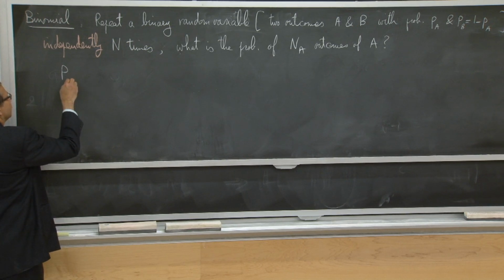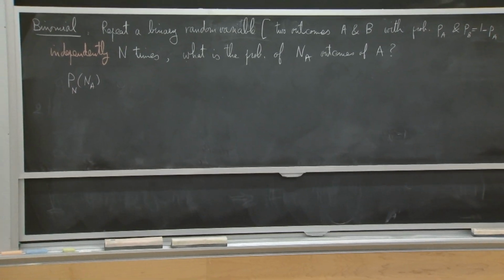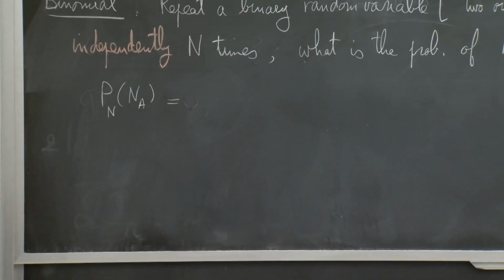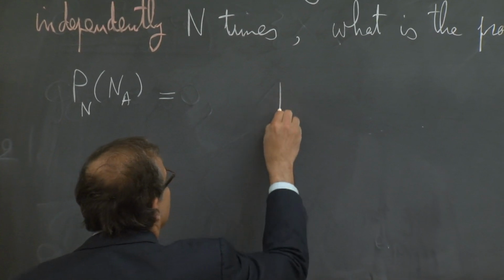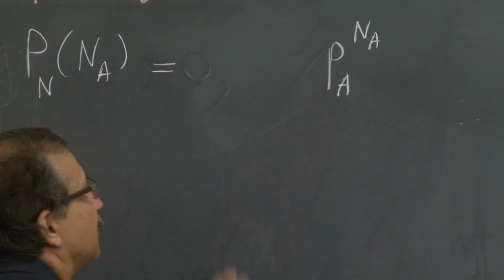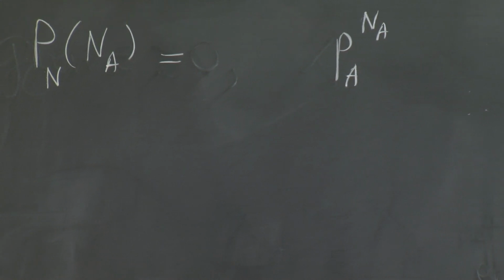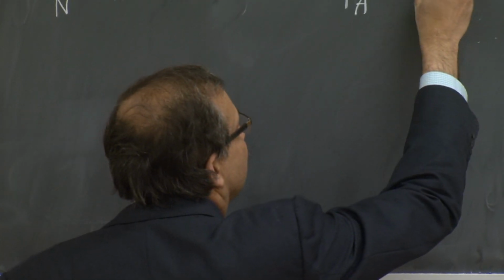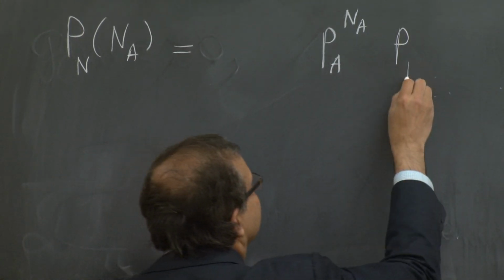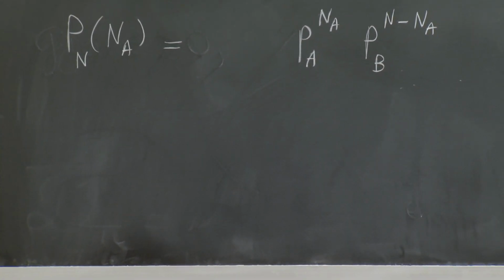The probability to have NA occurrences of A in n trials, so it has to be indexed by n, is that within the n times that I tossed, A came up NA times. So it has to be proportional to the probability of A independently multiplied by itself NA times. But if I have exactly NA occurrences of A, all the other times I had B occurring.